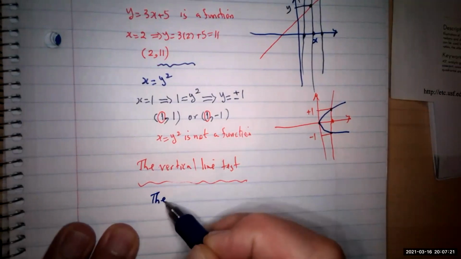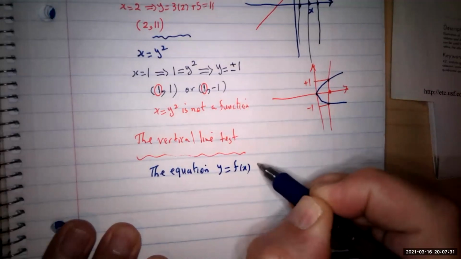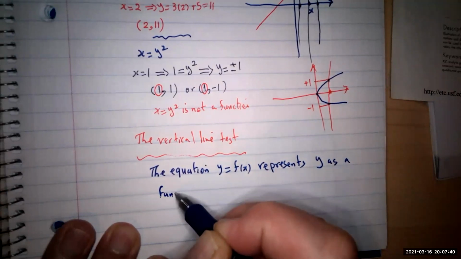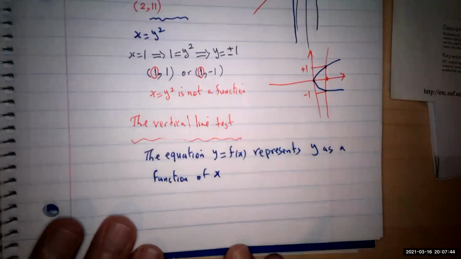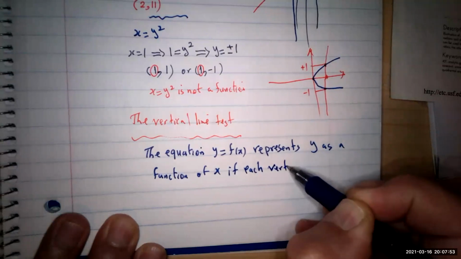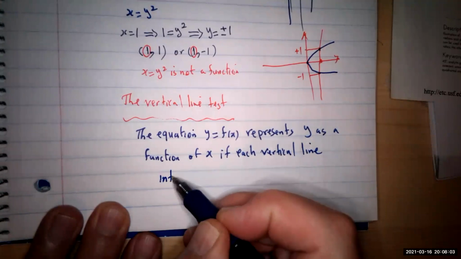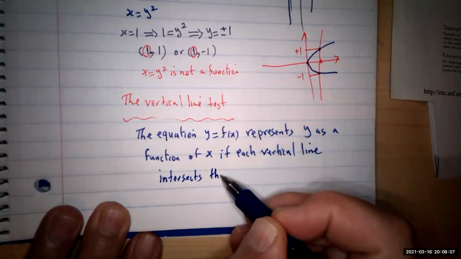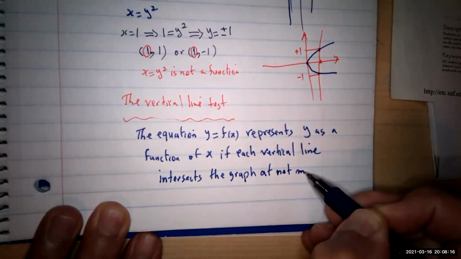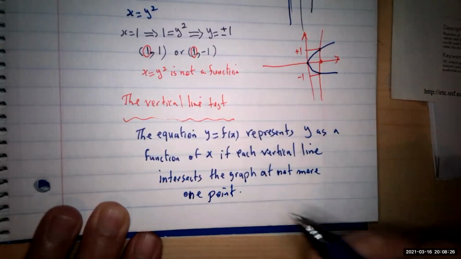The equation y equal to f of x represents y as a function of x if each vertical line intersects the graph at not more than one point, or we say at most one point, which is the same thing.